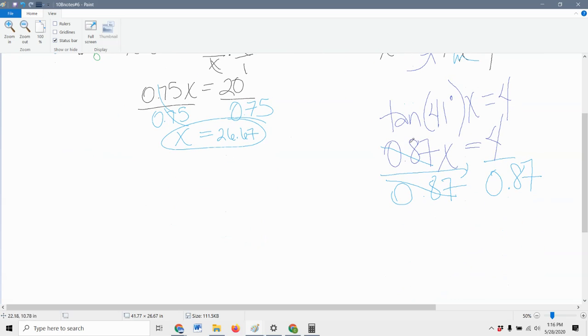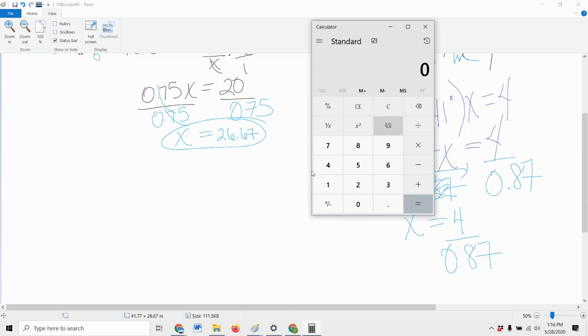And now, since this is canceled, we'll see that x is equal to 4 divided by 0.87. So pop over to your calculator. 4 divided by 0.87. That's going to give us 4.597.